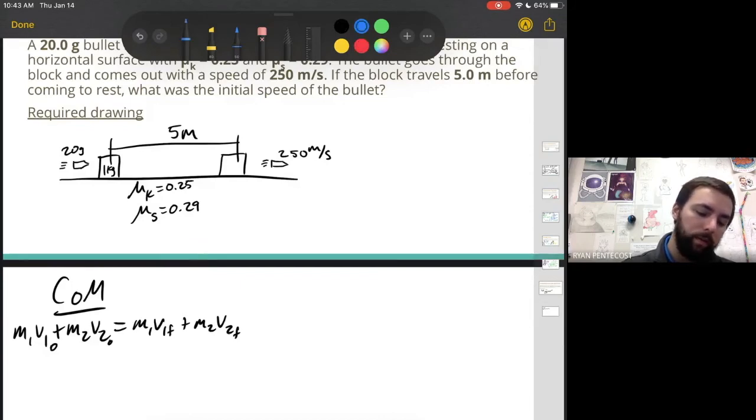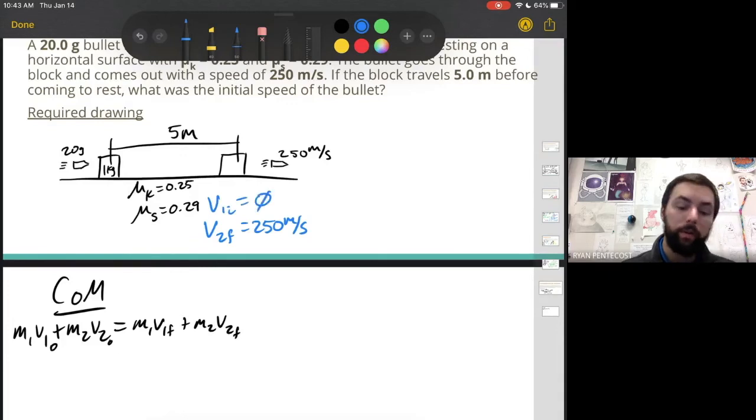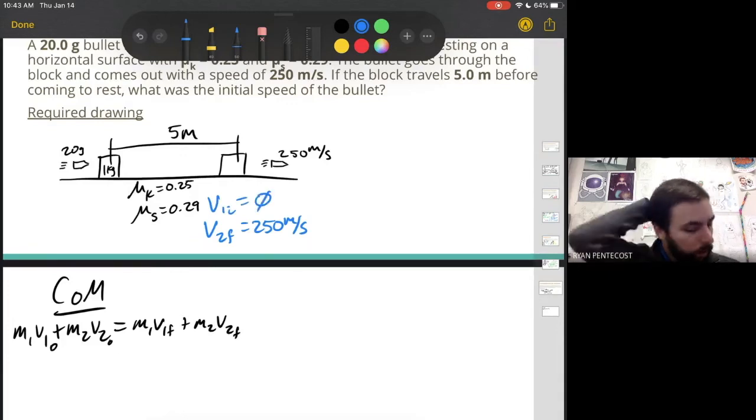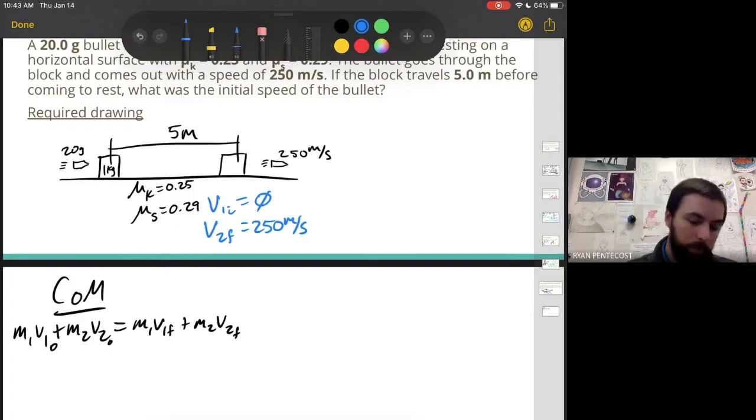V2 final is 250 meters per second. V1 initial is 0 because it's sitting still. So this is what we want, right? We want the speed of the bullet initially. This is all 0 anyway. But we don't have this. This is the red star right there.